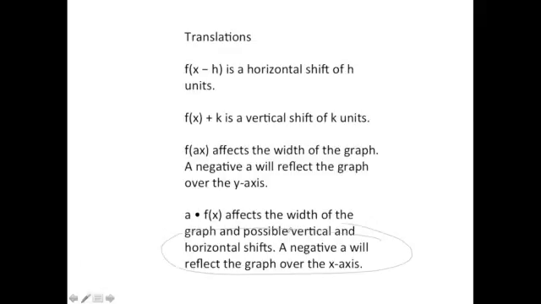So if a is negative, then you're looking at reflections, not opening up, but opening down. Now, the size of a determines whether it is wide or very skinny. See, this isn't hard. You're getting the hang of this.